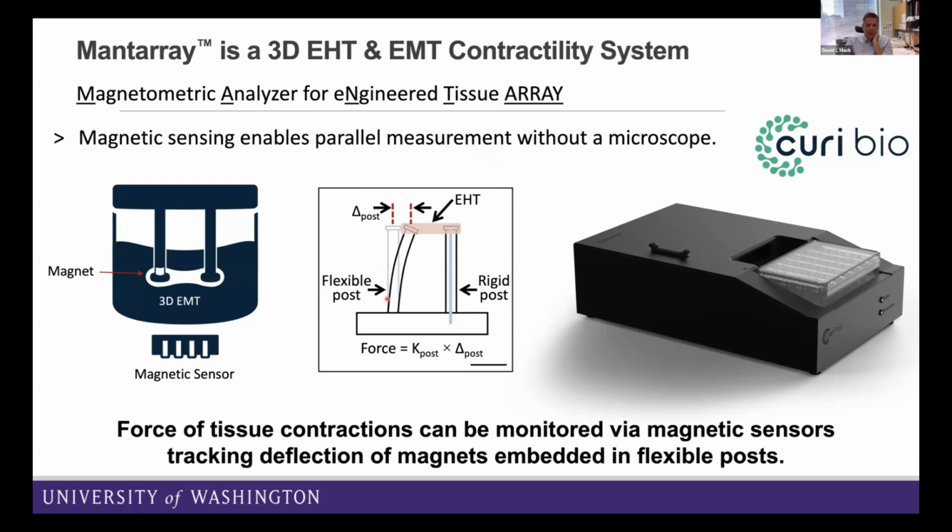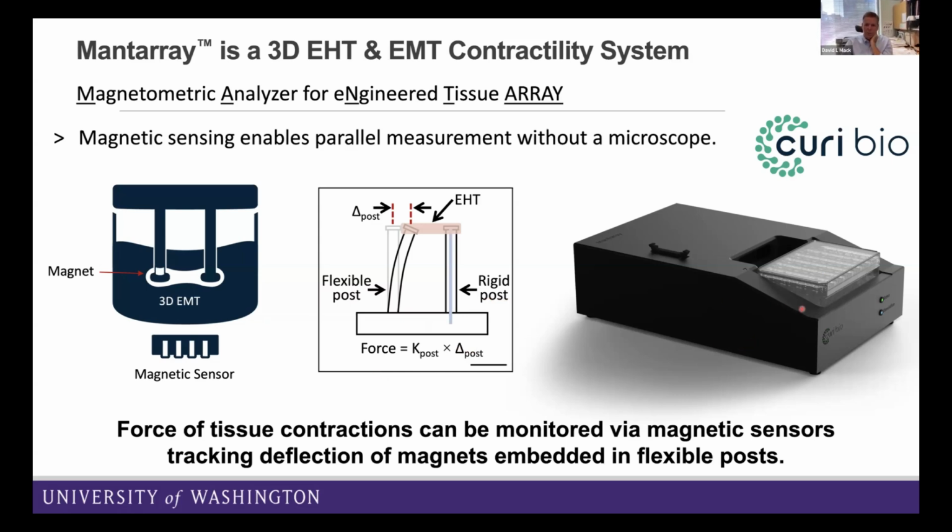There's an embedded magnet in the flexible post to measure the voltage change as the magnetic flux moves in space, and there's a GMR sensor under or outside the well. By knowing the stiffness of the post and the amount it deflects, we can measure the force output using this simple equation.